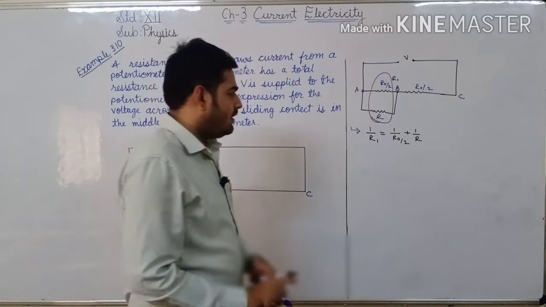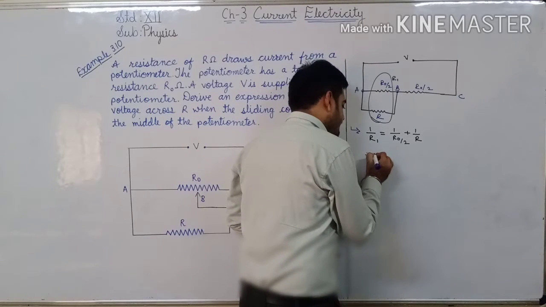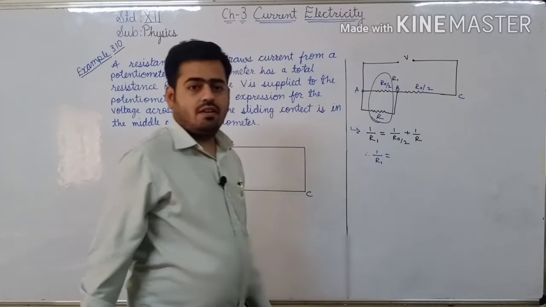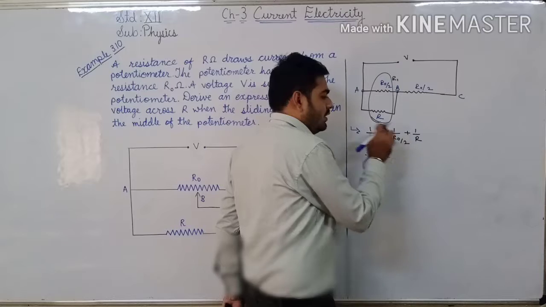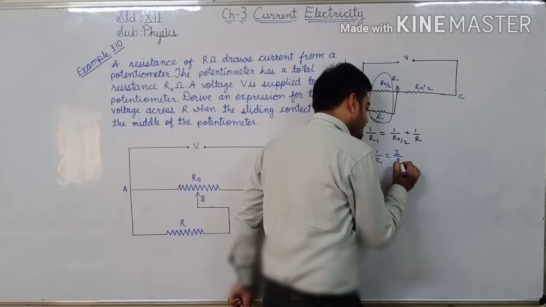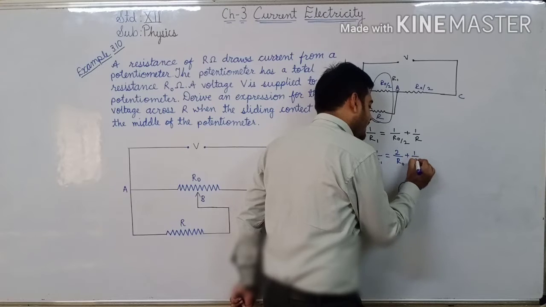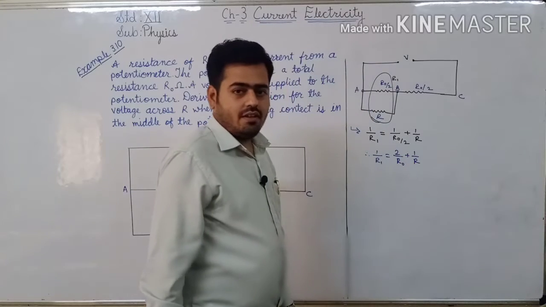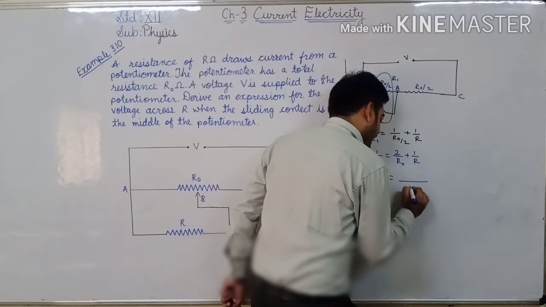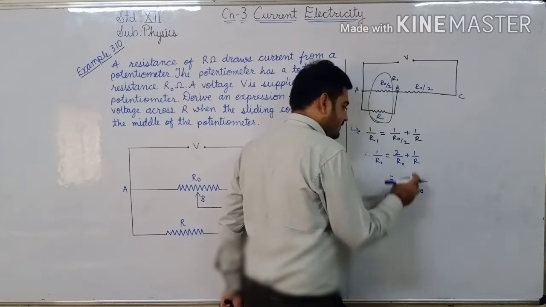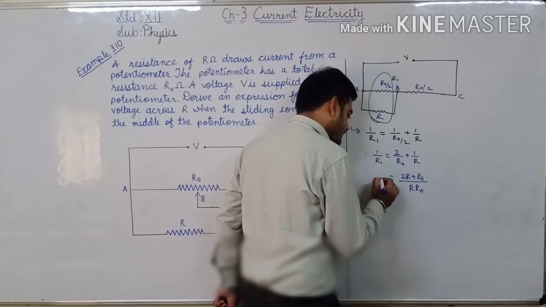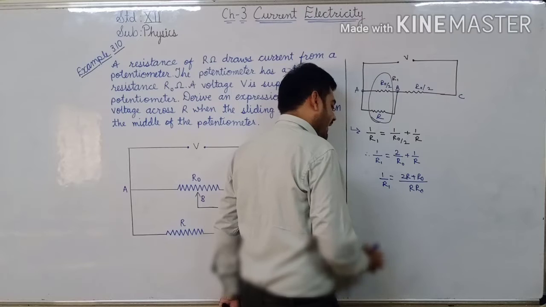Correct? So this can be written as 1 upon R1 is equal to 2 by R naught plus 1 upon R. Therefore this can be written as 2R plus R naught upon R naught R, that is nothing but 1 upon R1.